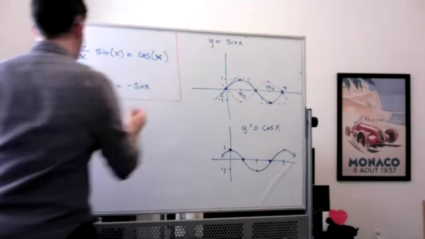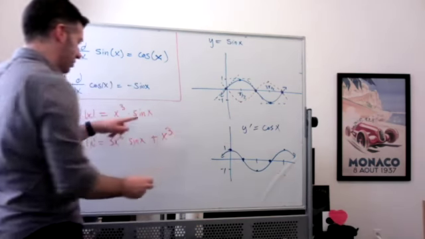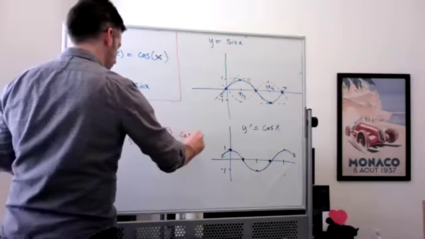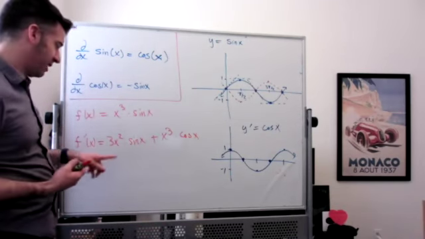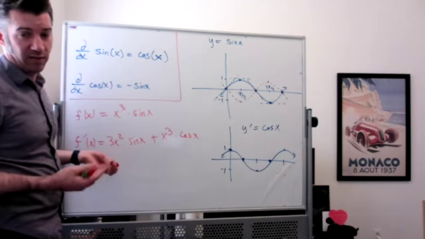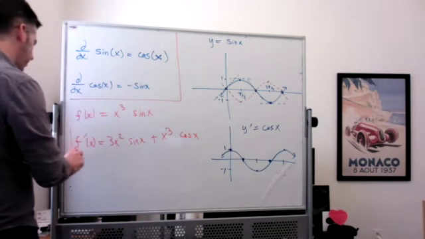F prime of x is the derivative of the first part times the second part plus, and then we flip it, right? We leave the first part alone and take the derivative of the second part, which is cosine x. And you should just leave it like this. Some people, not me, like to factor out the x squared. I only factor if I'm trying to solve this equal to 0. This is our derivative.